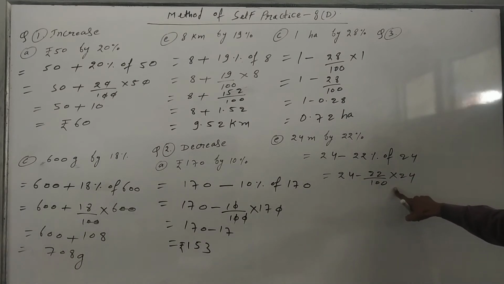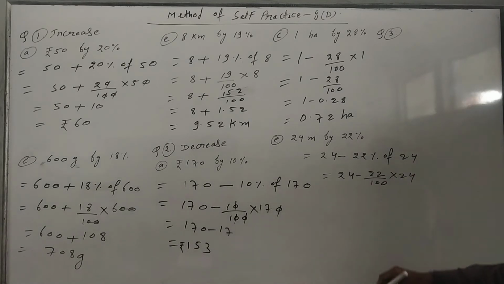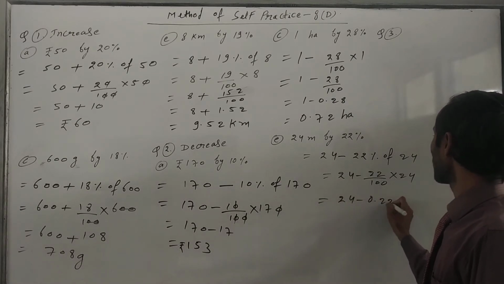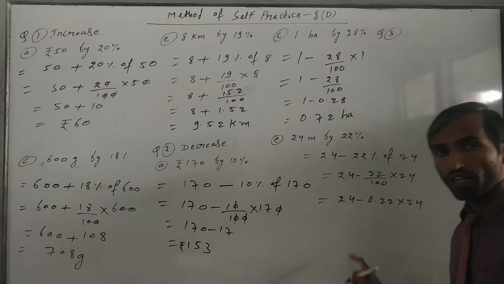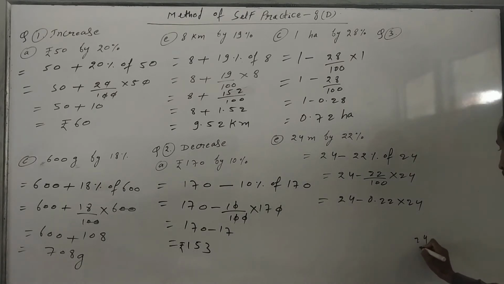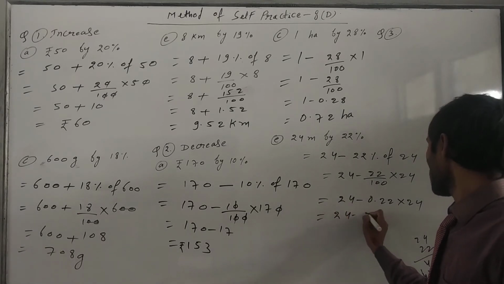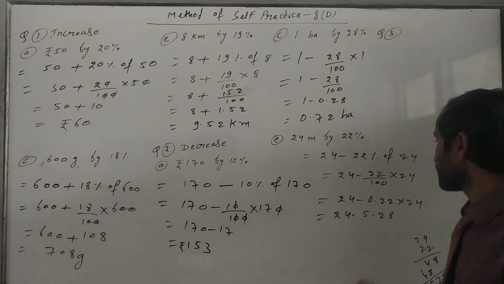If you put the point directly, it will also come correct. So 24 minus 0.22 into 24. We multiply 24 by 22: it will come 48, 48, then 528. After 2 digits we put the point. So it will come 24 minus 5.28.